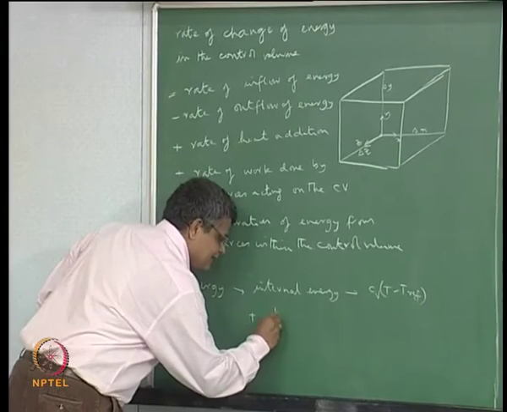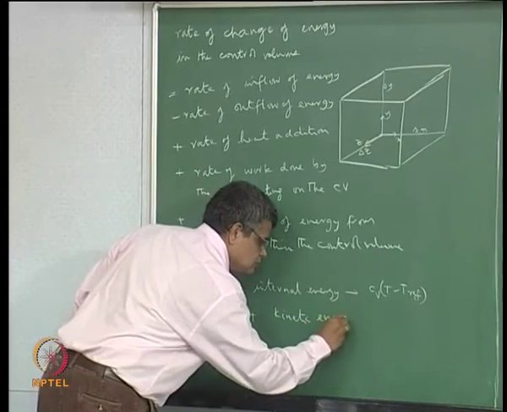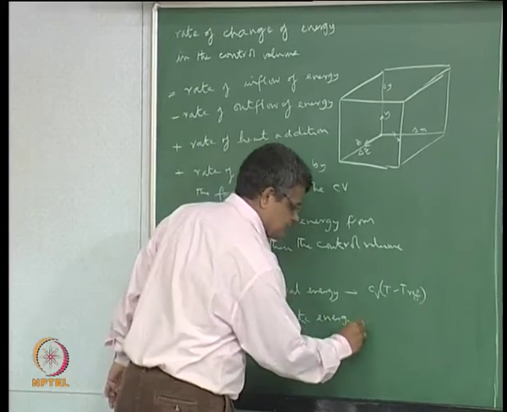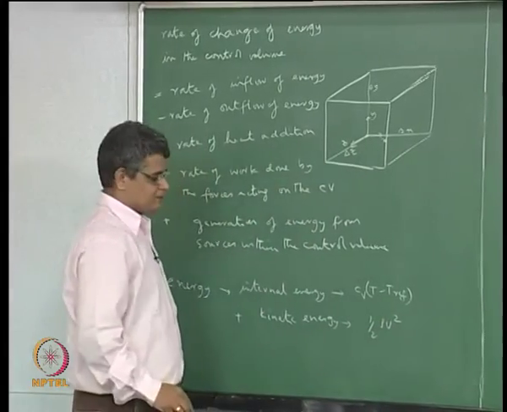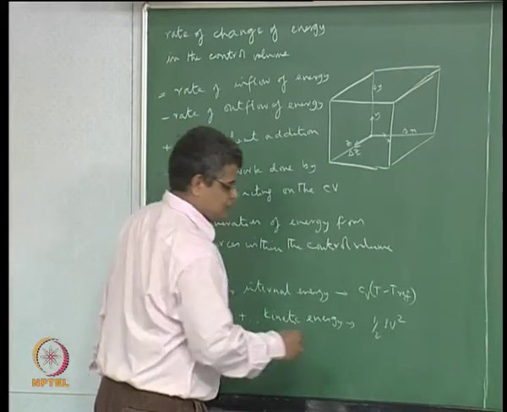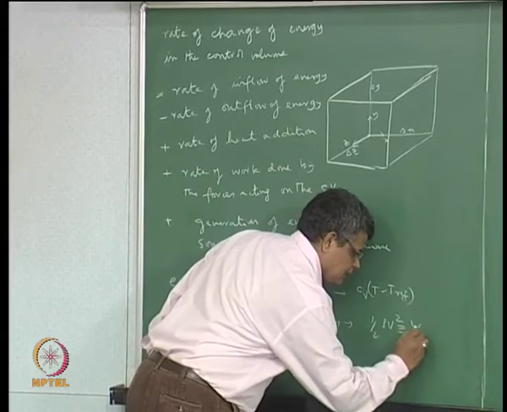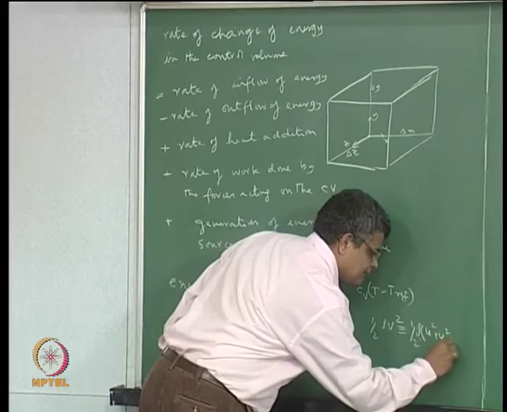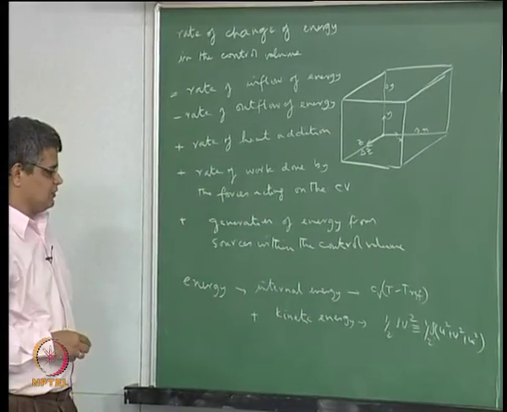plus kinetic energy, and this is associated with the velocity, half rho v square, and in the specific case where we have 3 velocity components, this becomes half of rho times (u square plus v square plus w square), where u, v, w are the 3 components of velocity.